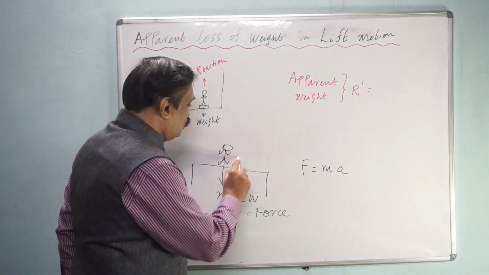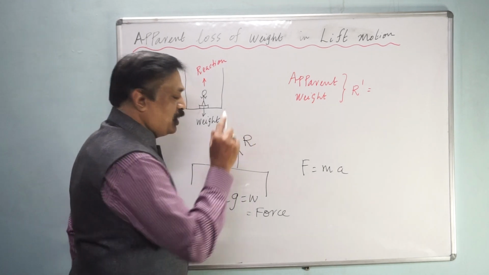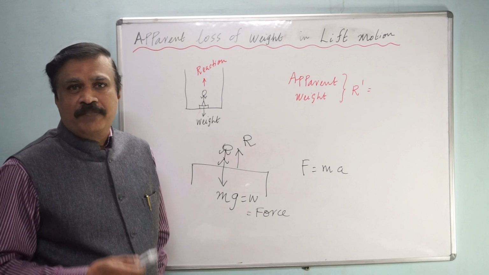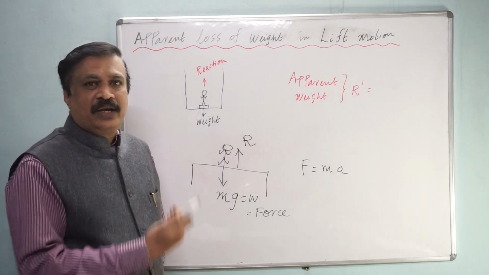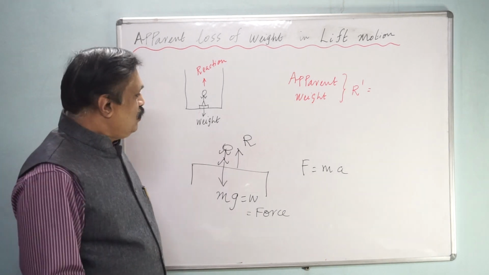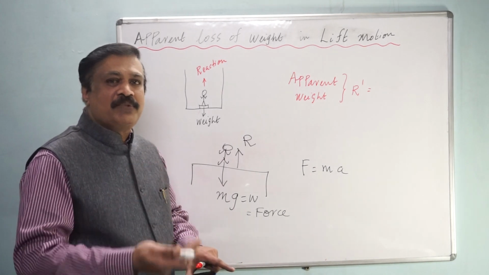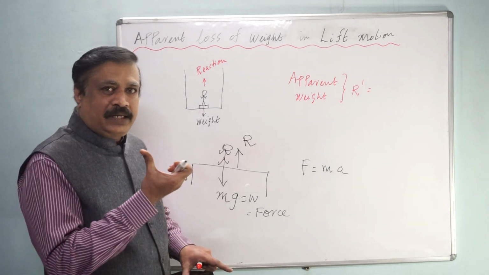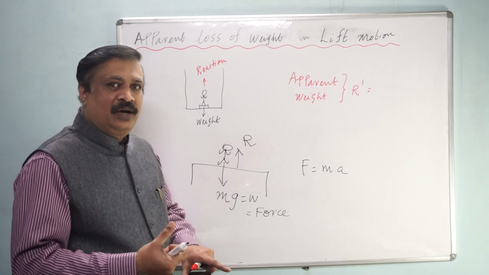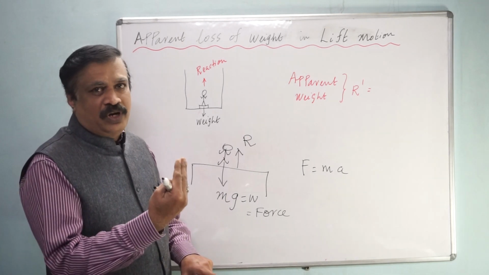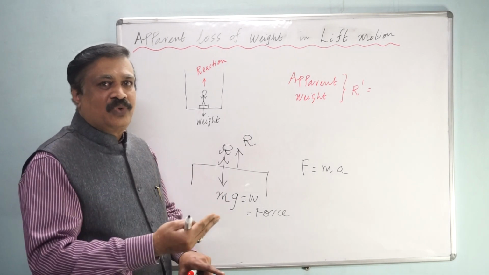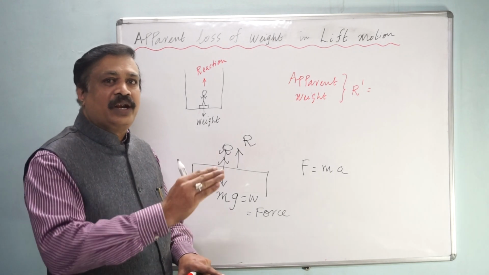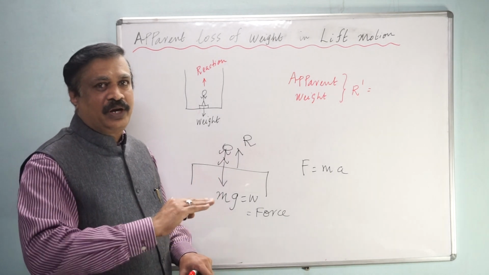That upward force is called reaction. Now both are equal and opposite. If you stand on a weighing machine, weight is acting downwards, and in turn reaction is acting upwards. Due to that reaction only, you are able to read the reading.